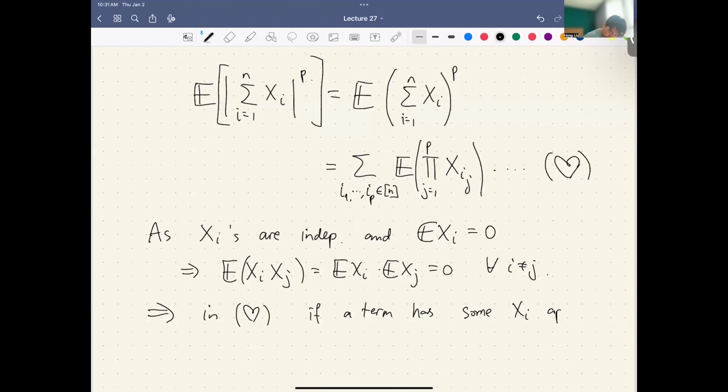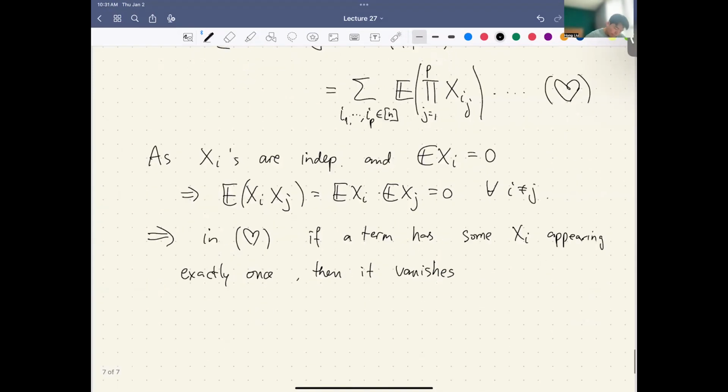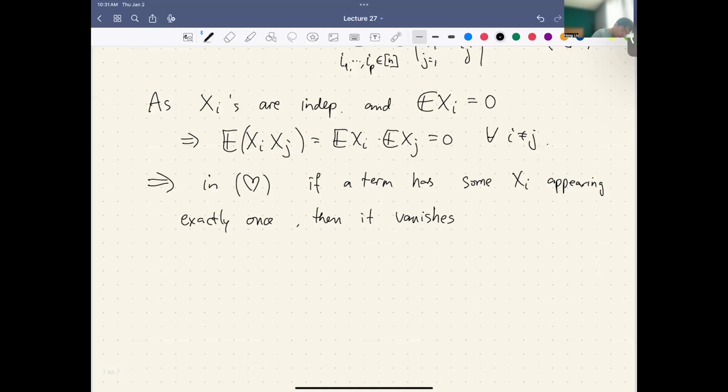In other words, only terms with every random variable xi appearing either 0 times or at least twice survive.